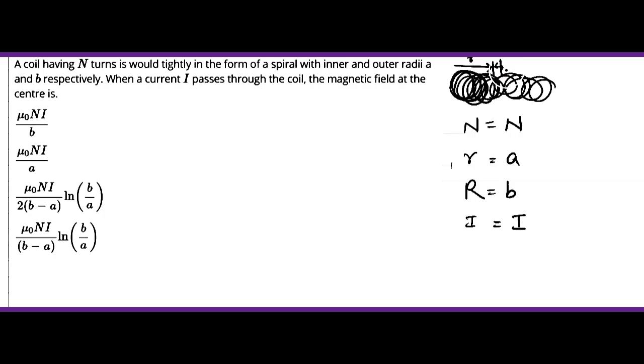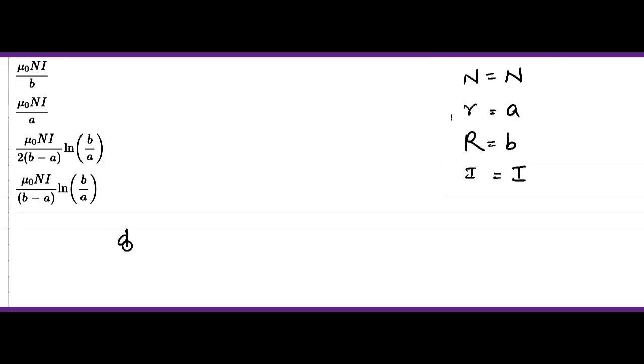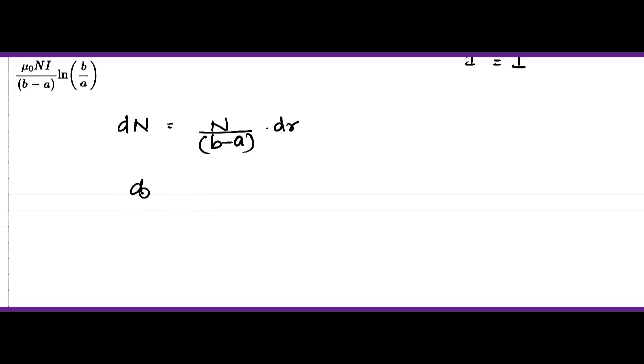element of dr. So the number of turns in that section would be dn, which is equal to n by (b minus a) into dr. Due to that, the magnetic field at the center would be mu naught dn I by 2r.